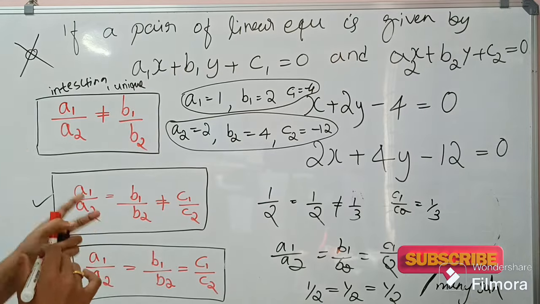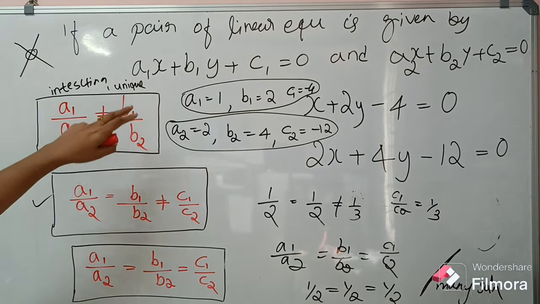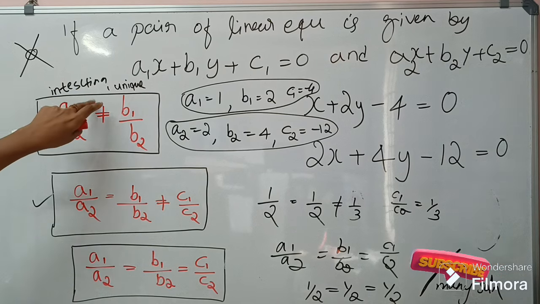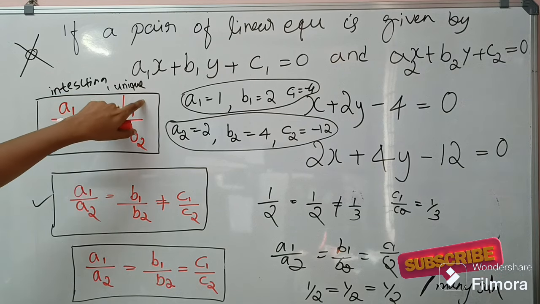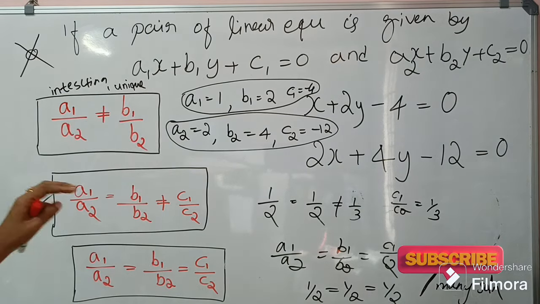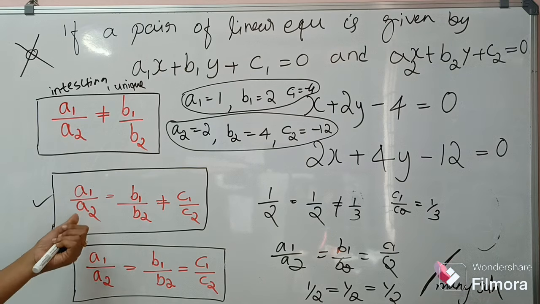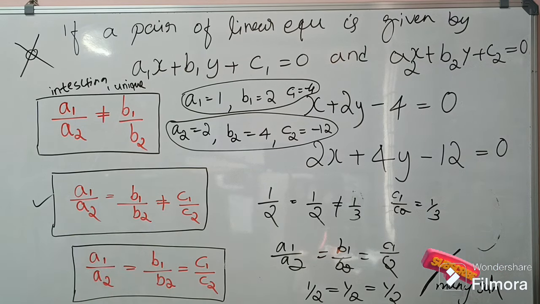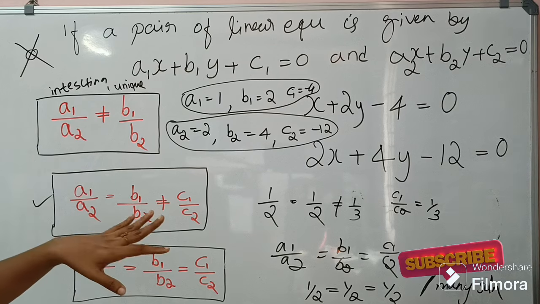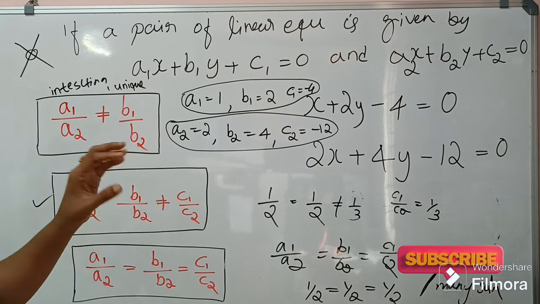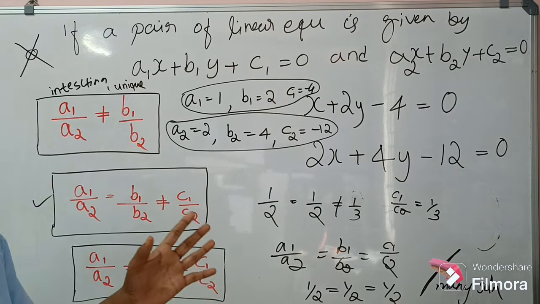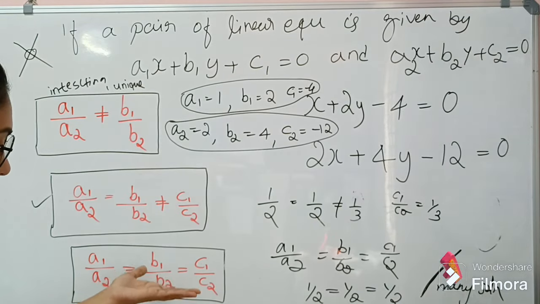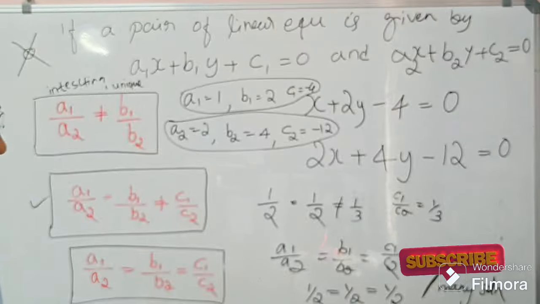In the first condition, if A1 by A2 not equal to B1 by B2, then the two lines are intersecting each other and it has a unique solution. And for the second condition, A1 by A2 equal to B1 by B2 not equal to C1 by C2, then the two lines are parallel and it has no solution. Okay. And for the third condition, A1 by A2 is equal to B1 by B2, which is equal to C1 by C2.